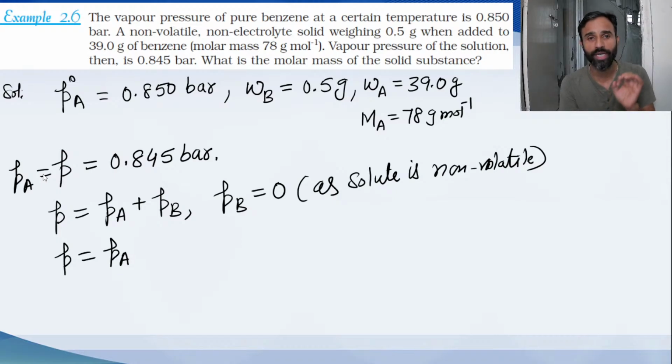Initially it has vapor pressure 0.850. When this solute is added in benzene, its vapor pressure is reduced to 0.845 bar.